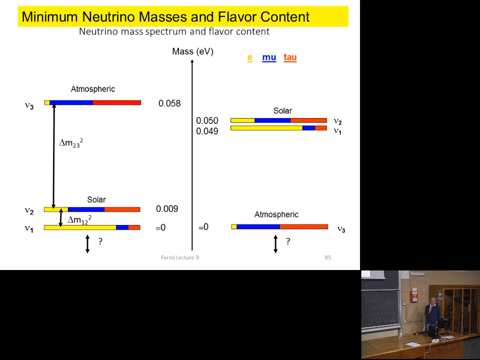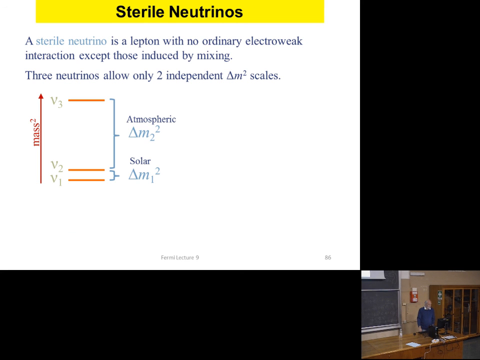The phenomenology to give different masses, unique masses, mixes the different neutrinos. So there's neutrinos that are called nu mu, nu e, and nu tau, which we talked about, but you might also talk about nu 1, nu 2, nu 3 that have unique masses, and then they're mixtures, and these colors are how they're mixed between the e, mu, and tau. And I'll show more about that in the next lecture.